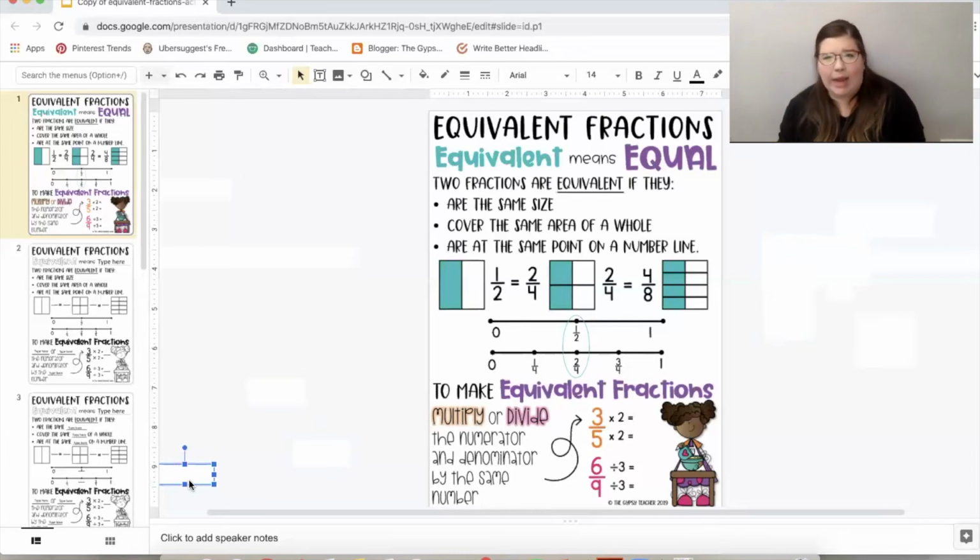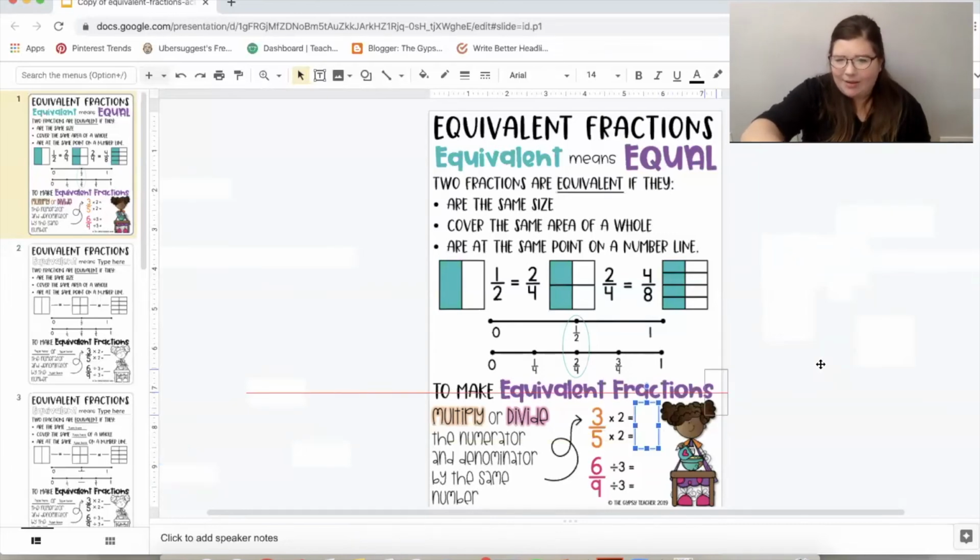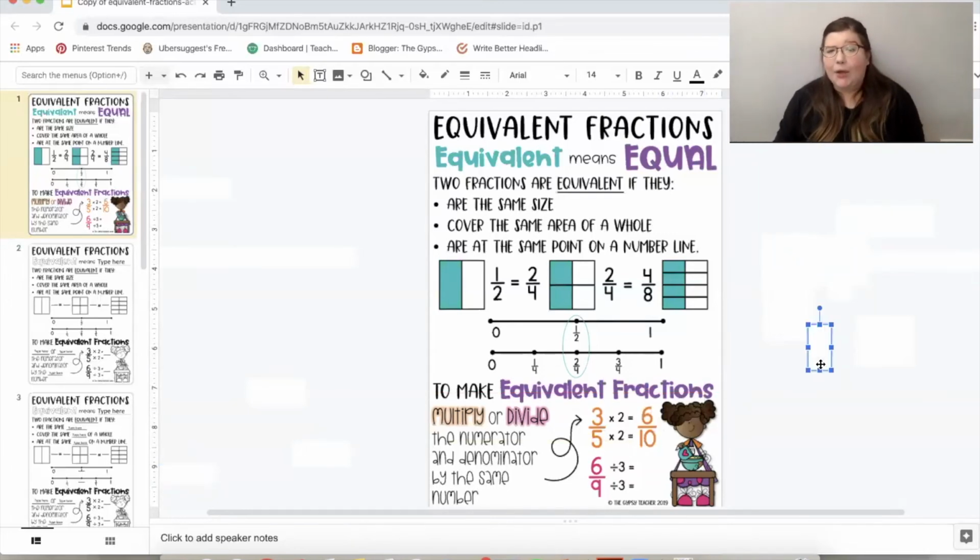What is 3 times 2? 6, very good. And what is 5 times 2? 10, good job. So 3/5 and 6/10 are what? Equivalent fractions, or they are also equal, right?